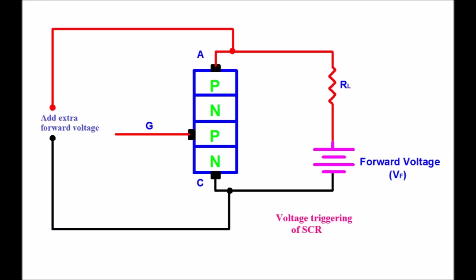Forward breakover voltage. The voltage at which the device starts conduction is called the forward breakover voltage. In general, this voltage is in the range of 50 to 500 volts. If the gate is supplied by a positive current, then forward breakover voltage occurs earlier than no gate current condition.